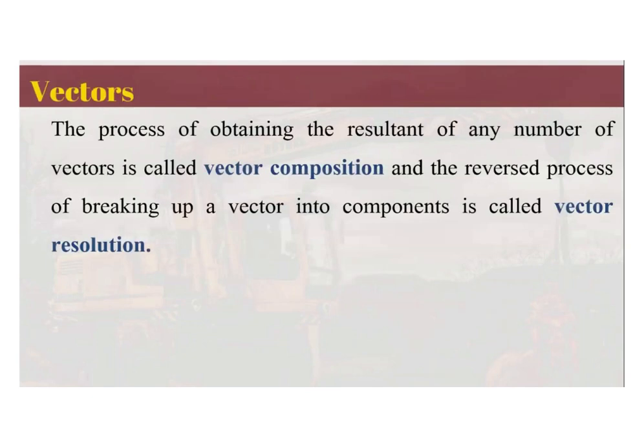So we learned that vector quantities have both magnitude and direction. But for this case, we will deal with vectors as a process of obtaining the resultant of any number of vectors, which we call vector composition, and the reverse process wherein we break up a vector into components is called vector resolution.